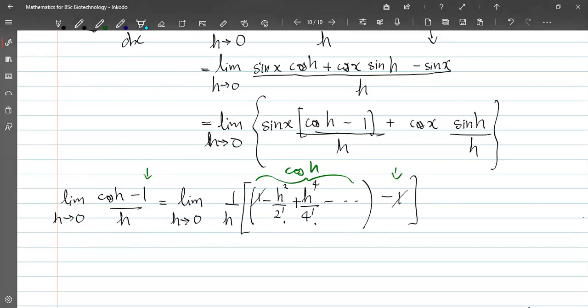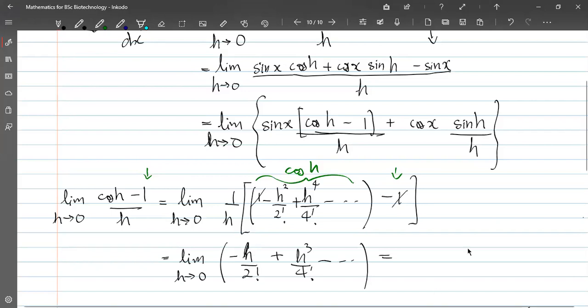And then in all the remaining terms, you have h common. So after cancelling the h in the denominator, this is left: minus h by 2 factorial plus h cube by 4 factorial, and so on. But what is the value of this? So what is this limit? It's 0. Yes. This is 0.